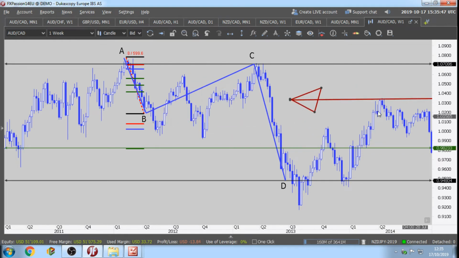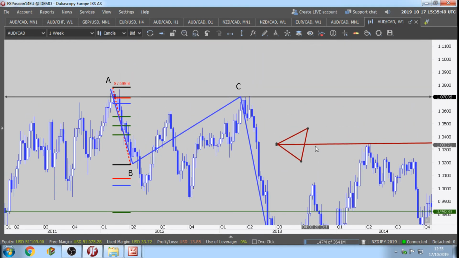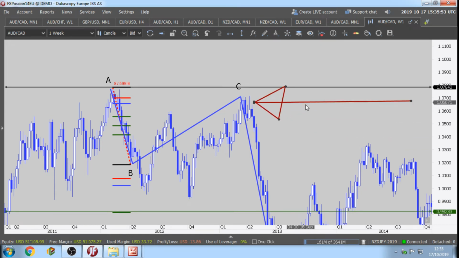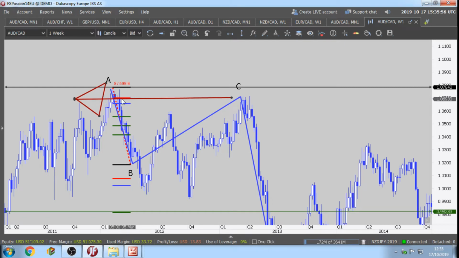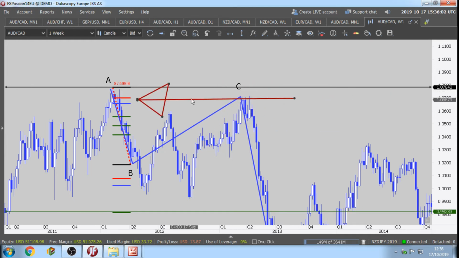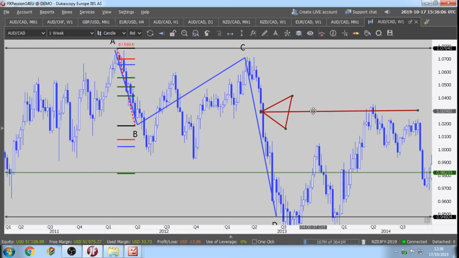Even the blue, I mean, I think the C broke the blue. Let me see. A to C. So let's measure. Okay, it touched the red, see? A to B, deep retracement, the C hit the red line. And then the market started falling.